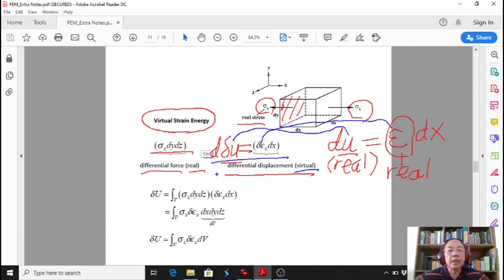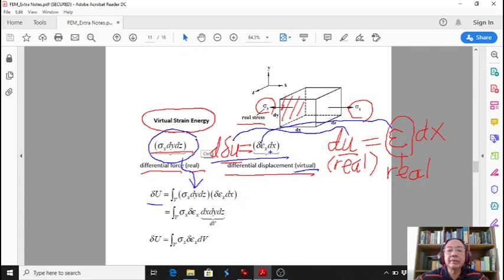So virtual U, or virtual strain energy, is equal to force, sigma x times dy times dz, multiplied by the differential displacement virtual.